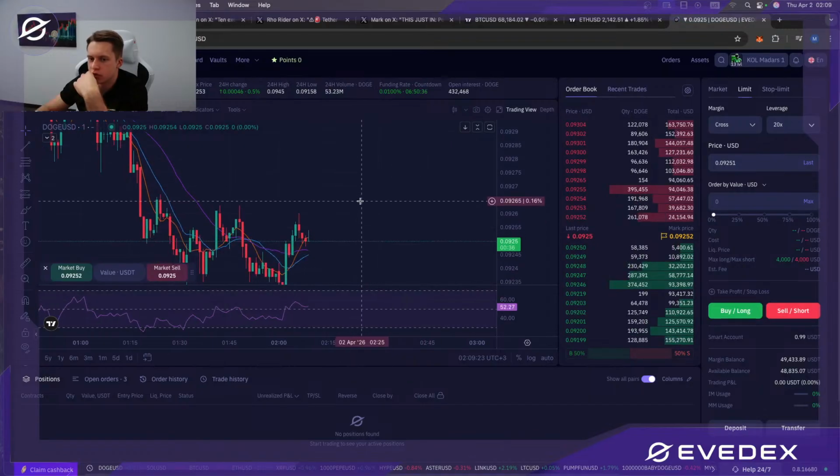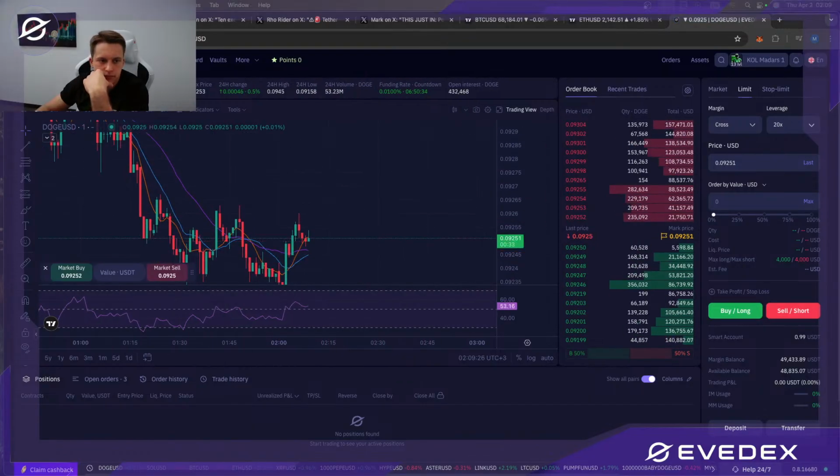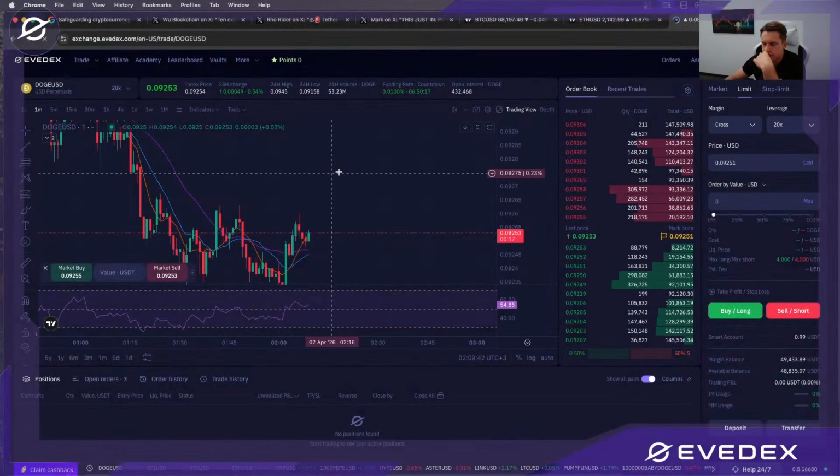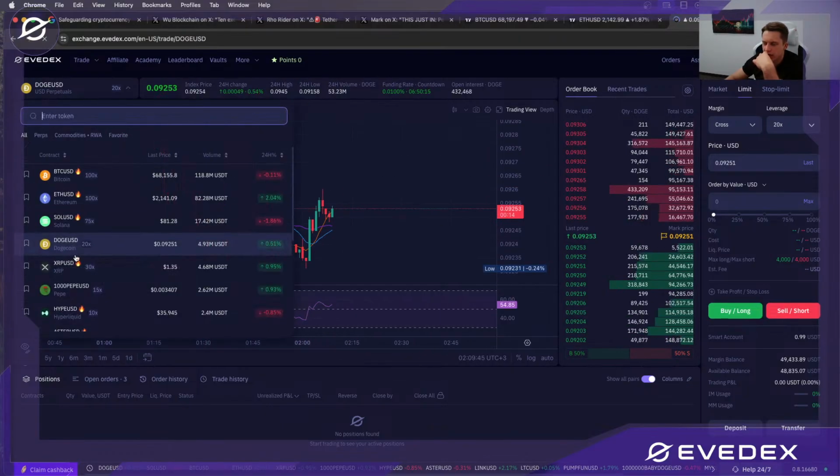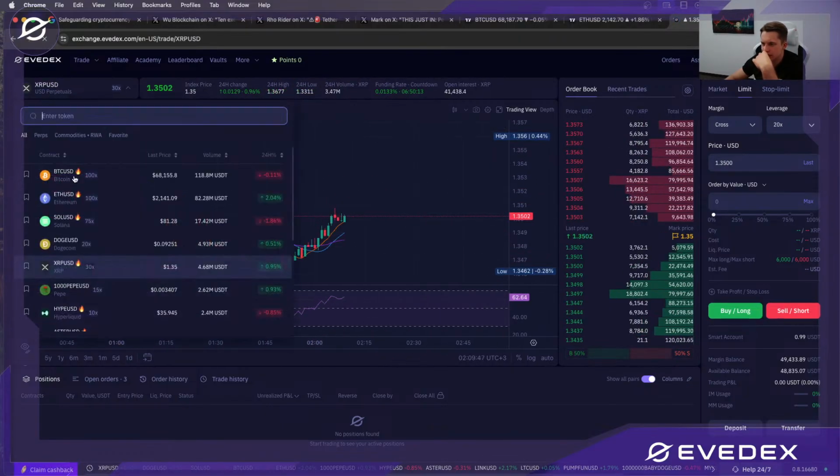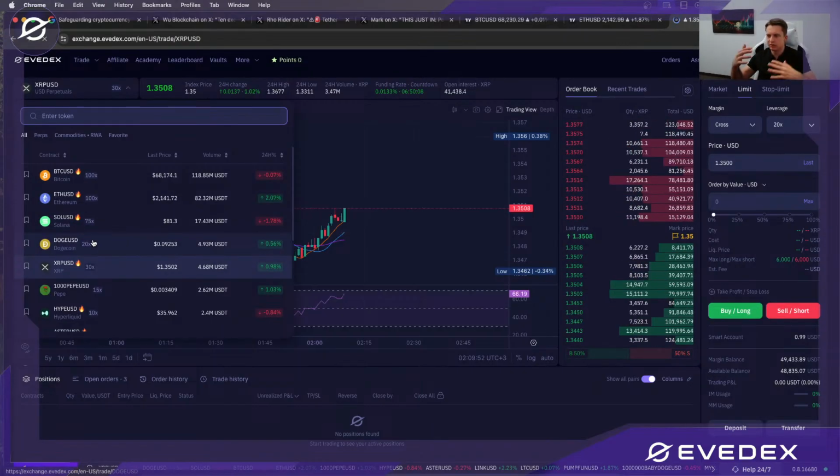We had a look at Doge earlier on. Doge didn't have any market structure. XRP was kind of the same thing. So we stayed in Solana, Ethereum, and Bitcoin.